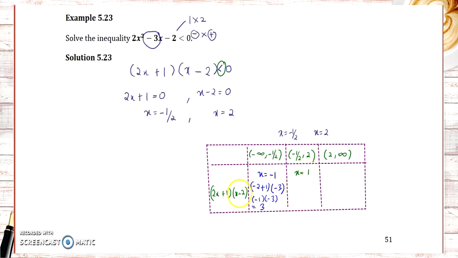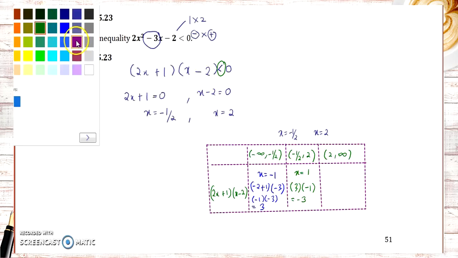When x equals 1, in the first bracket we have 1 times 2 plus 1, so 3. And the second bracket, 1 minus 2 is negative 1. So multiplying these two numbers, we get negative 3.